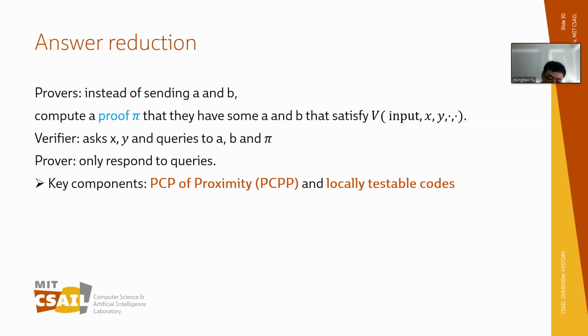That means if the input is a no instance but very close to a yes instance, there's no guarantee that the verifier is going to reject it. But if the no instance is very far from all the yes instances, then the verifier can reject it. So we have proximity in its name. And locally testable codes are like classical error correcting codes where you can query just a few bits to determine if it's a valid encoding or not.